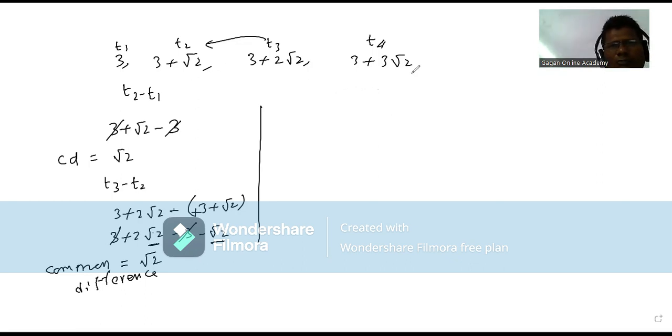Next we have to find 3 more terms. These are T1, T2, T3, T4. Now we have to find T5. T5 is A plus 4D.